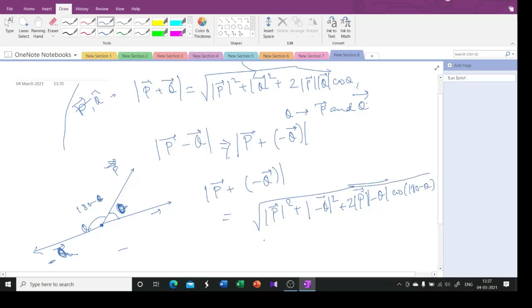That becomes mod P square, and mod of minus Q square is the same as mod Q square, because mod is absolute value.